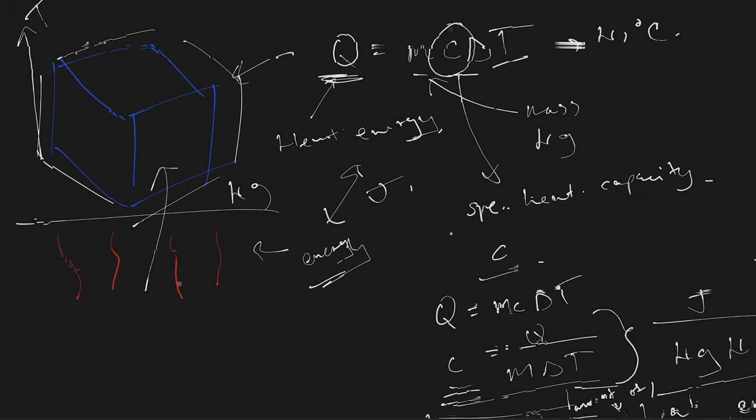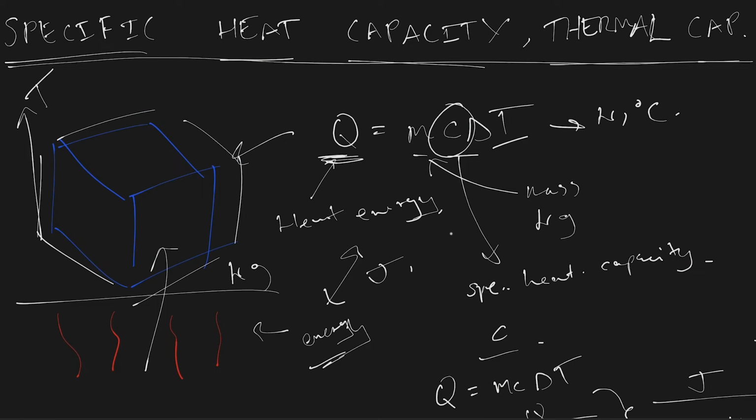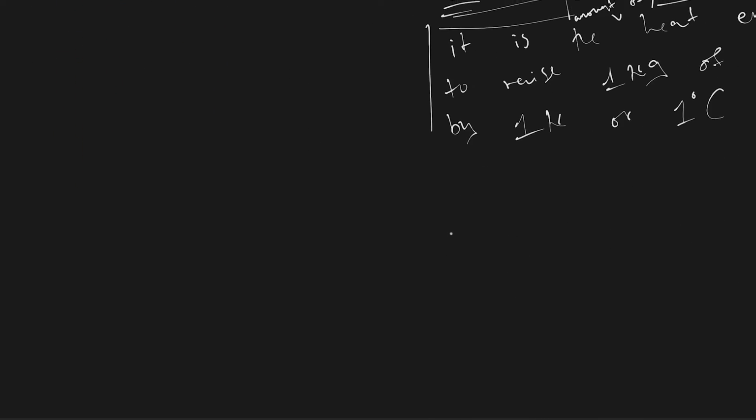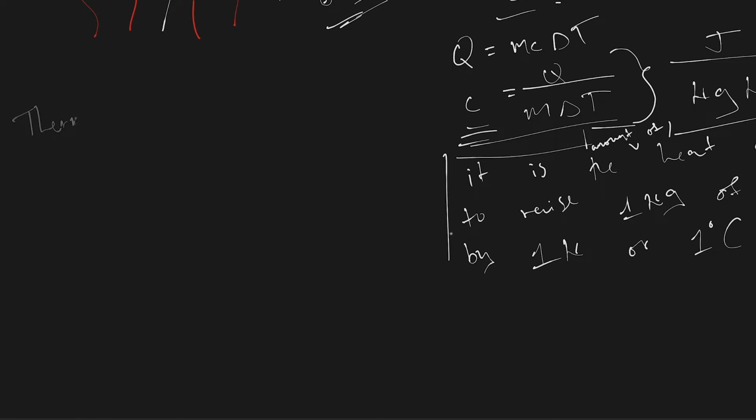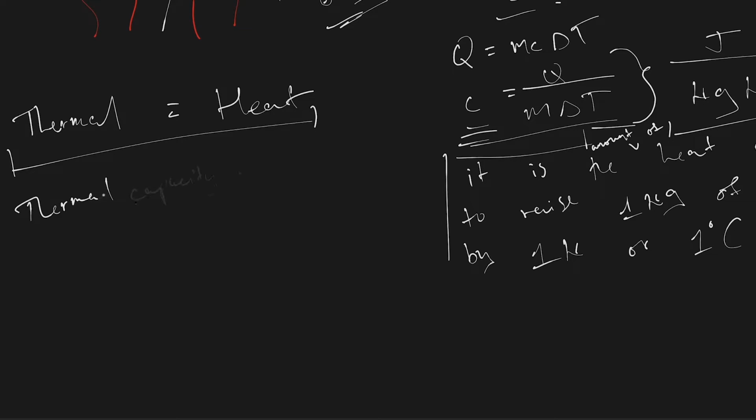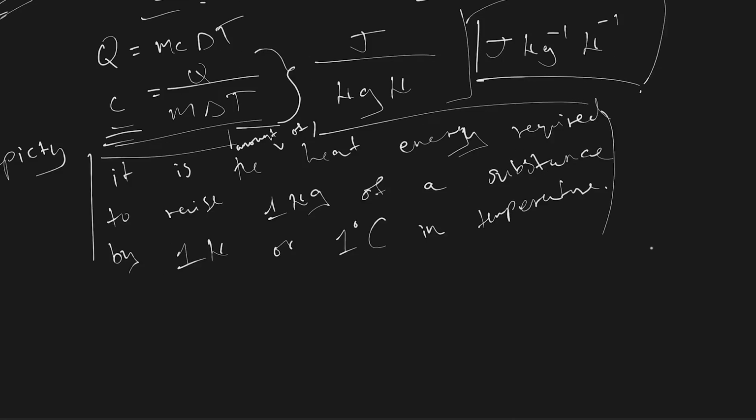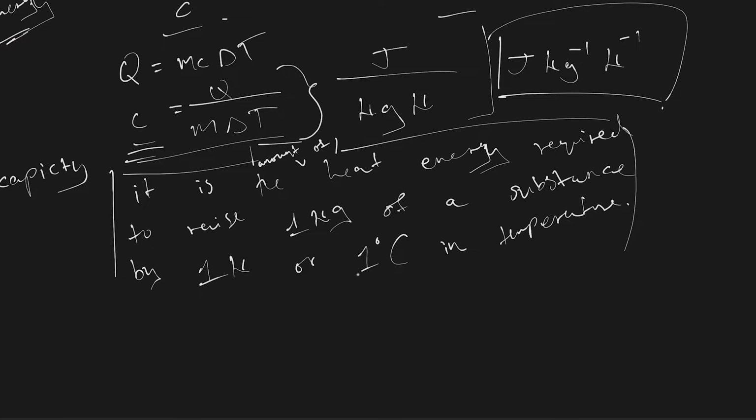Okay, but then we also have something called thermal capacity. So what does that mean? Well, what we need to know is thermal is essentially an equivalent term to heat. Thermal capacity is equal to heat capacity. But keep in mind, what we just defined is not just heat capacity, it's specific heat capacity.